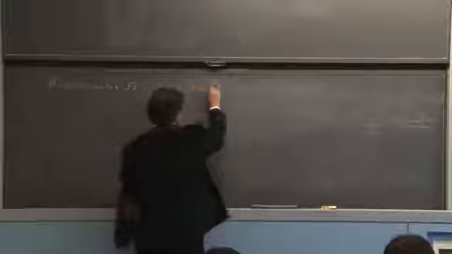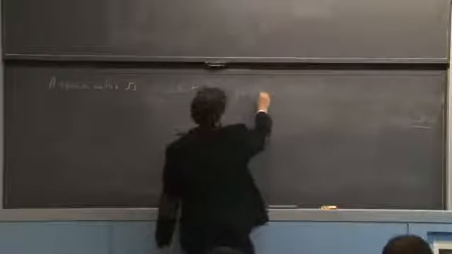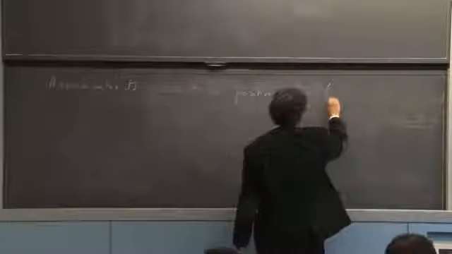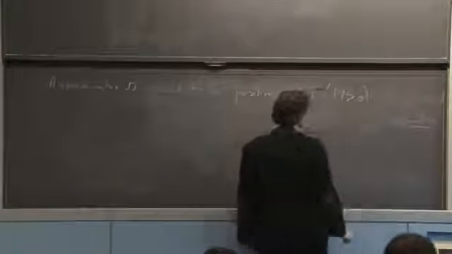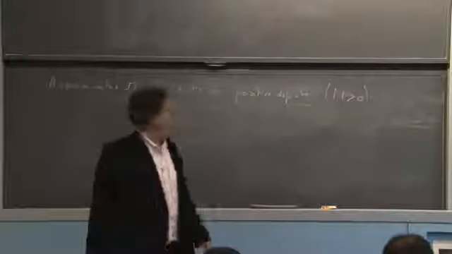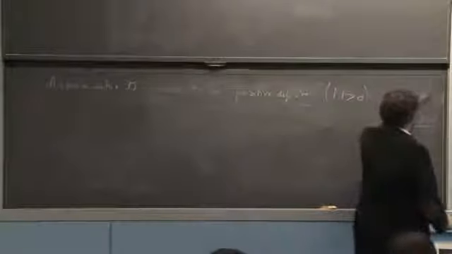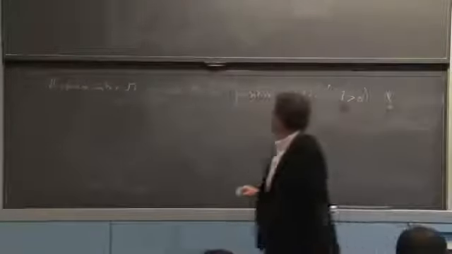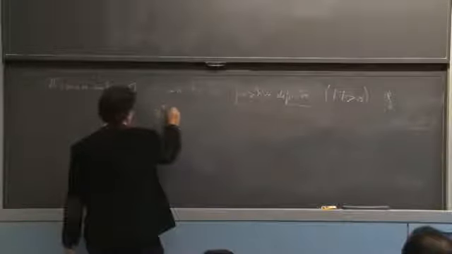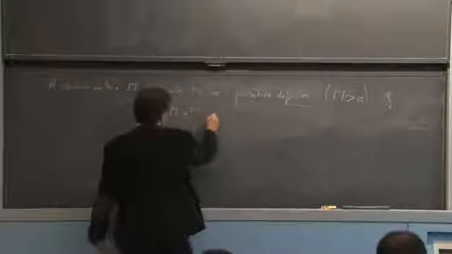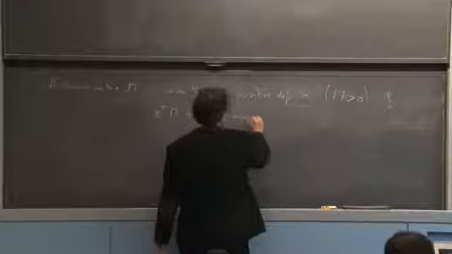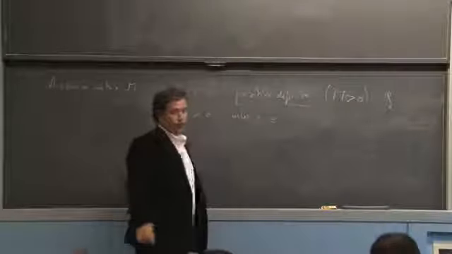So a square matrix M is said to be positive definite, which we will denote this way, M positive, if X transpose Mx is strictly positive, unless X equals 0, in which case, of course, it's 0.